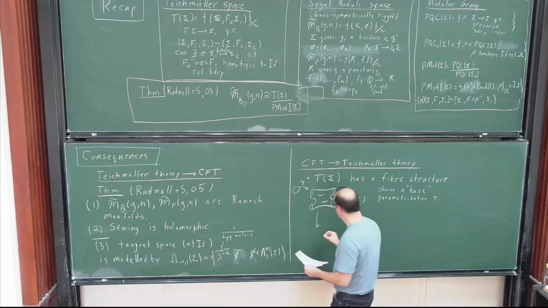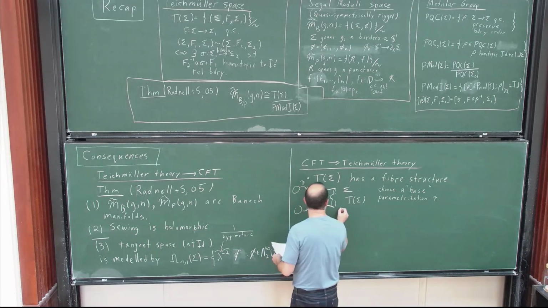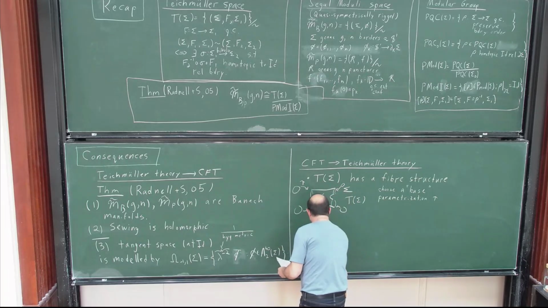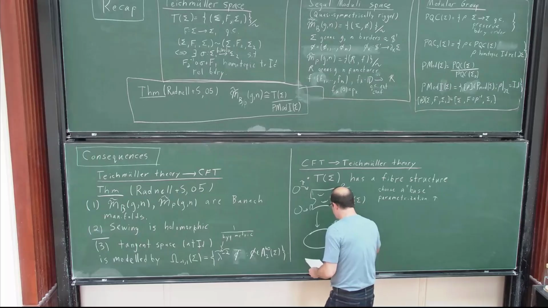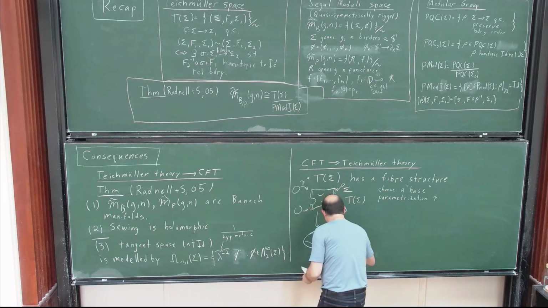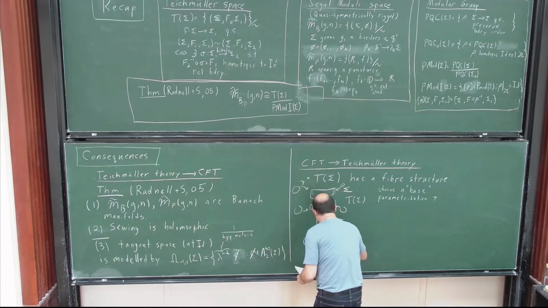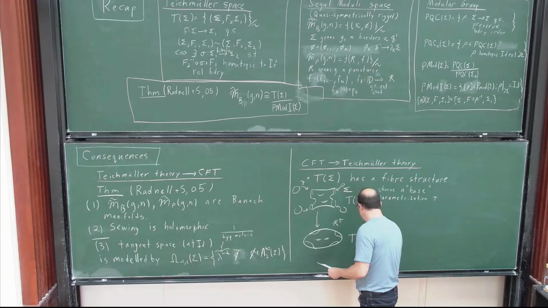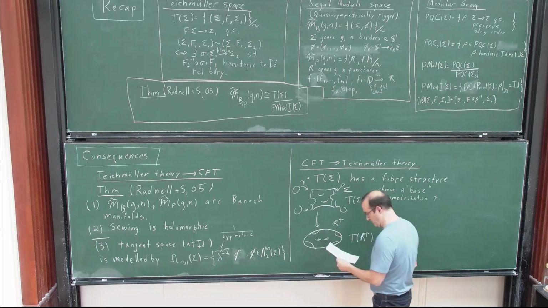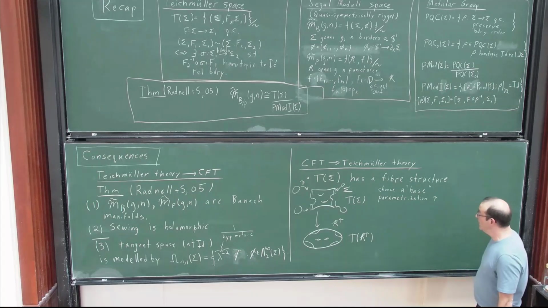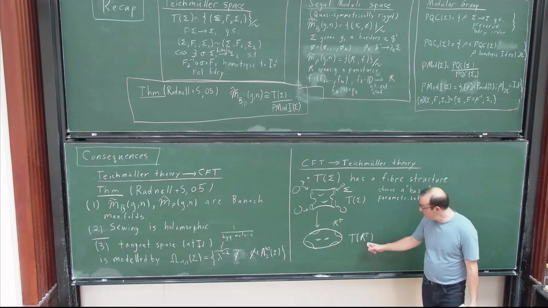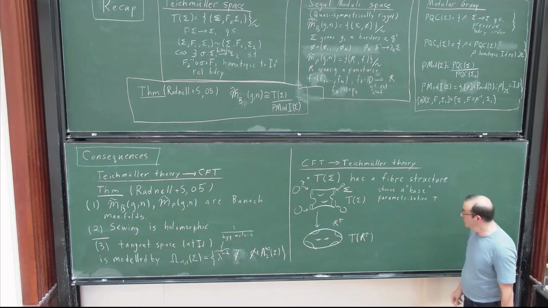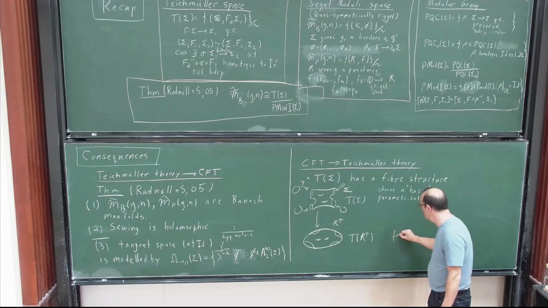Then, if you sew on the caps using your tau, you get a compact surface, R sub tau, and what you have here is you take the Teichmüller space of this punctured surface obtained by sewing on caps, and this is a finite dimensional space.